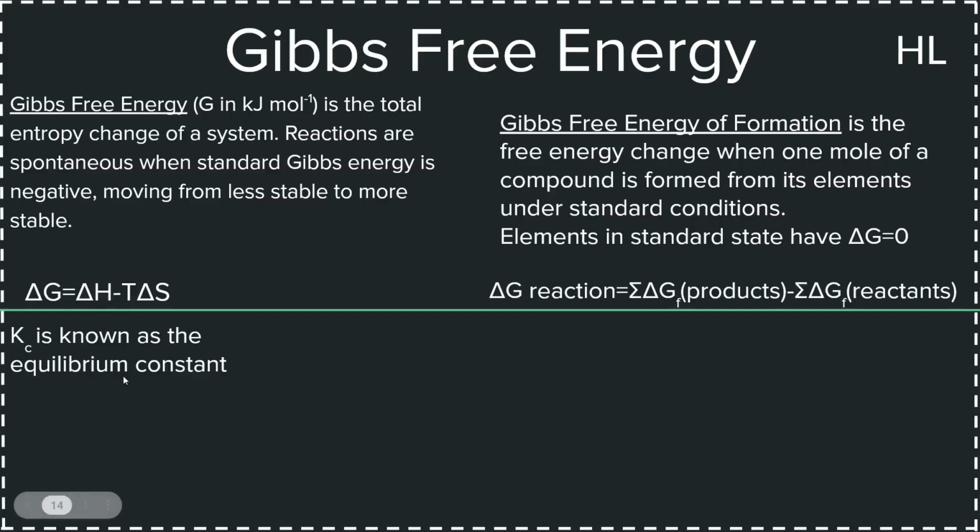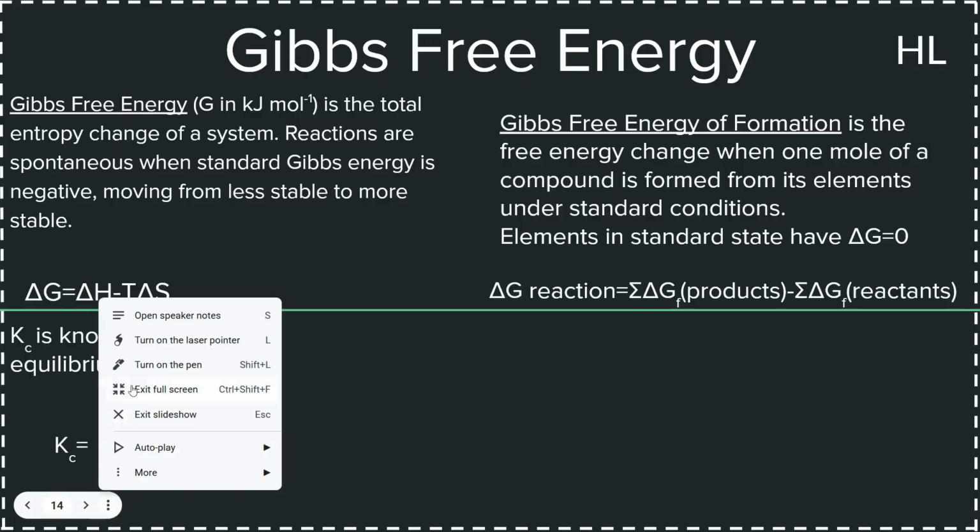So Kc is going to be known as the equilibrium constant. It's going to equal products to the power of their coefficients divided by the reactants to their coefficients. So if you had a chemical equation, you take your concentration of your products on the right side, each to their own coefficient.